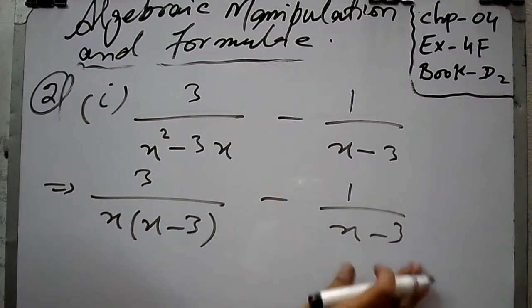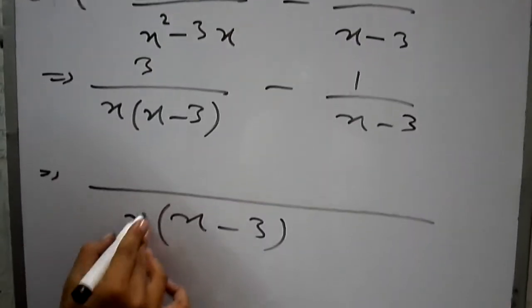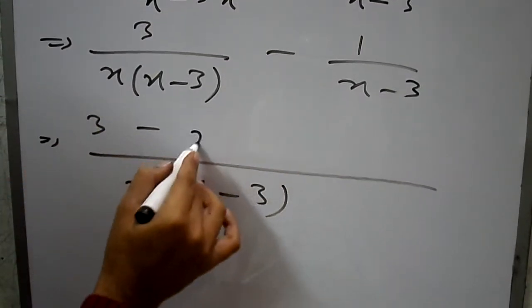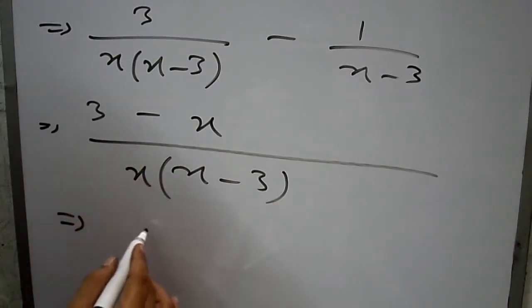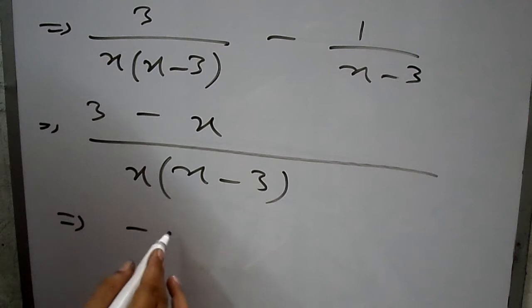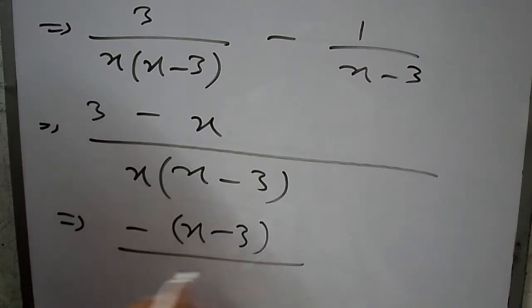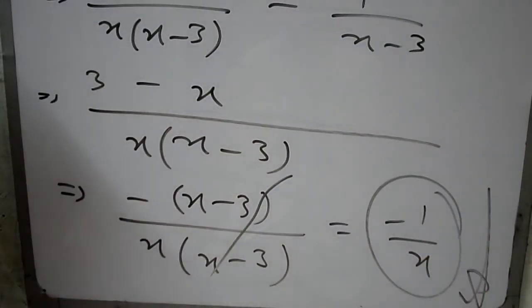So LCM, product of common into non-common, so 3x. So you can see here, if you take common minus, it will become x minus 3, and here is x minus 3. So the denominator will be cancelled with the numerator, so you will get minus 1 by x. So that is your result.